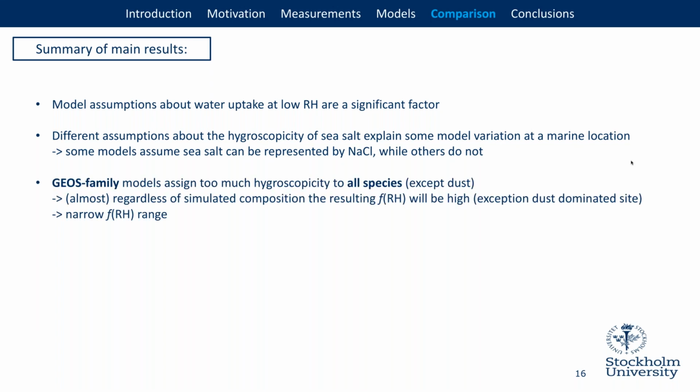GEOS family models assign too much hygroscopicity to all species except dust. That means that regardless of the simulated chemical composition, the resulting F of RH will be high, except for dust-dominated sites. And this is what is shown by the narrower range that we found for these models.